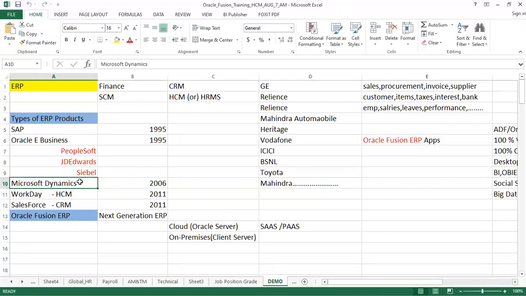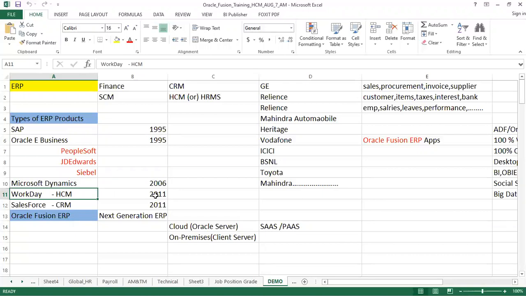Microsoft Dynamics is not much successful in the commercial area, even though they came into the market in 2006. It's around 14 years back, but still not that successful compared to SAP or Oracle applications. Workday and Salesforce both are cloud ERP softwares, which were introduced in 2011.